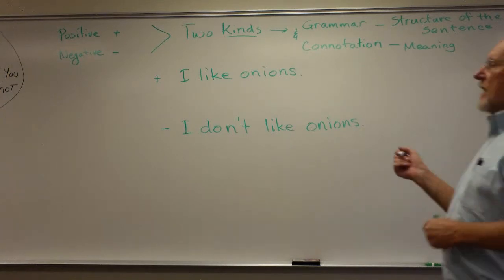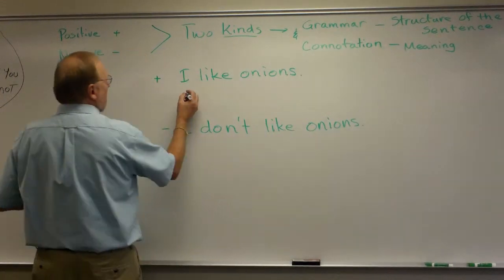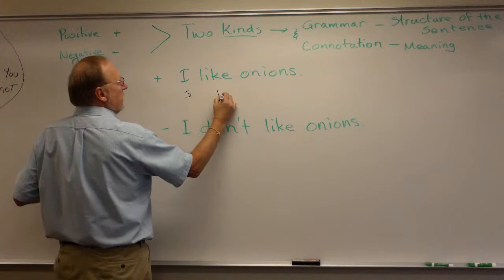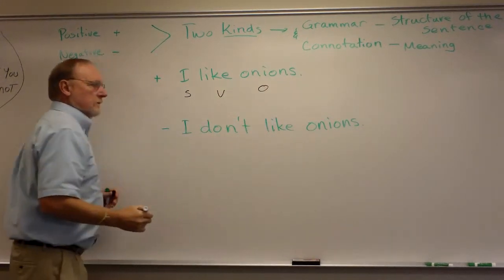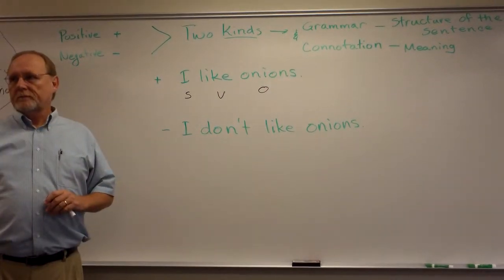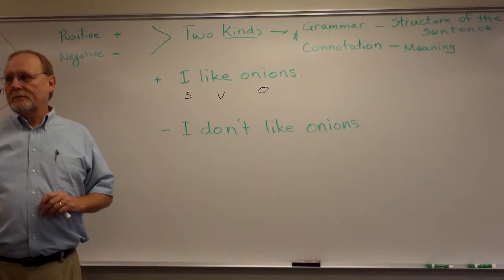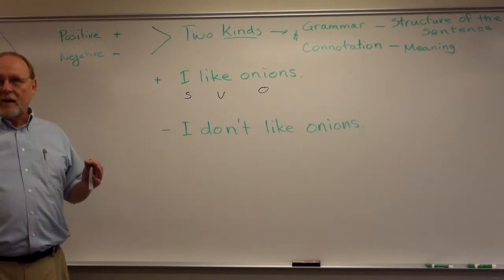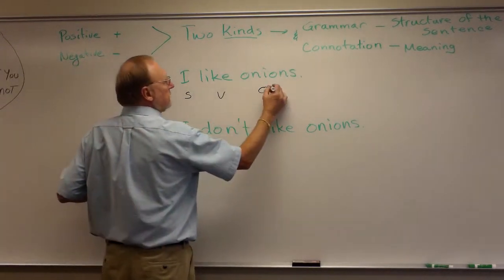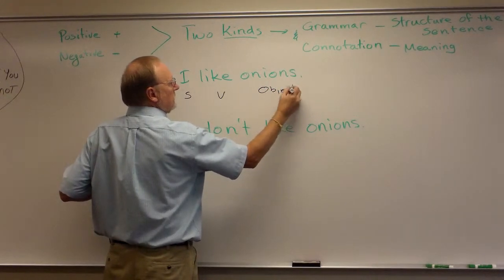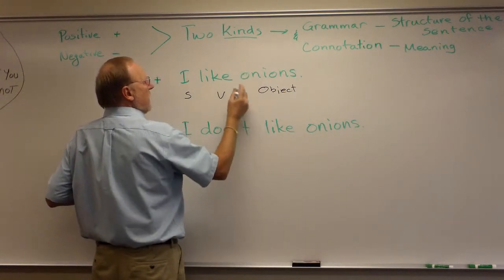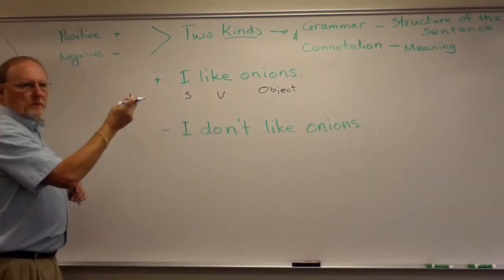Okay, so what is the grammar? The grammar is the subject, the verb, and the object. So the object relates to the verb, the subject relates to the verb. The verb is the center.